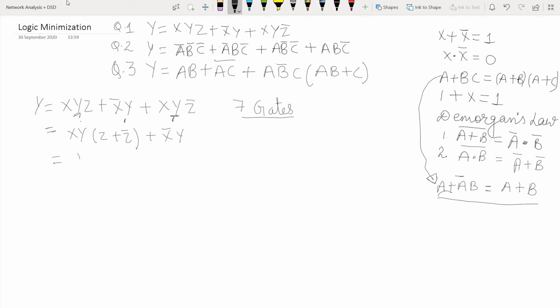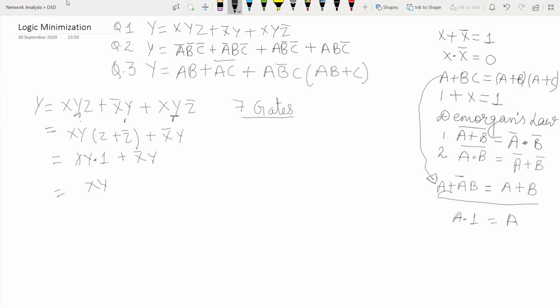Now what is z plus z bar? We have already noted down one axiom here: x plus x bar is 1 according to OR law. So this will be 1 plus x bar y. Next, this x y dot 1 will be what? x y. We have one more law, that is a dot 1 is equal to a.